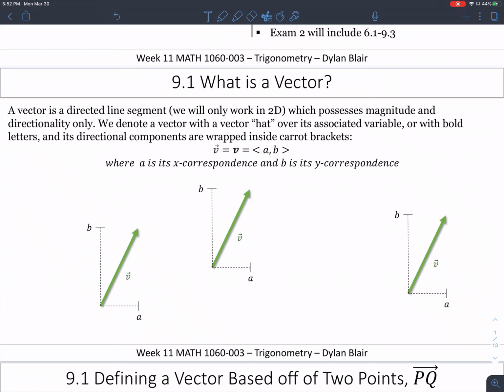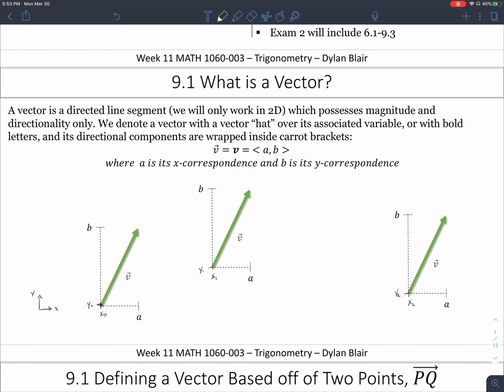Okay, so I have three vectors drawn below. We have this vector right here, we have this vector right here, and we have this vector right here. Now these vectors are all identical, even though if we defined our coordinate system down here as x comma y, and say this is x naught, y naught, and this is x1, y1, and this is x2, y2.